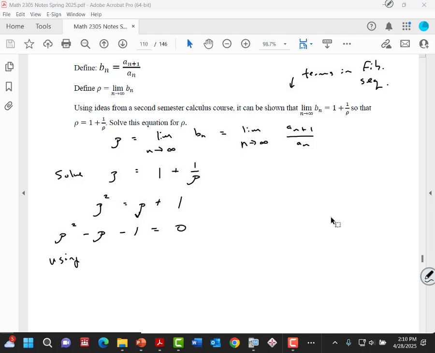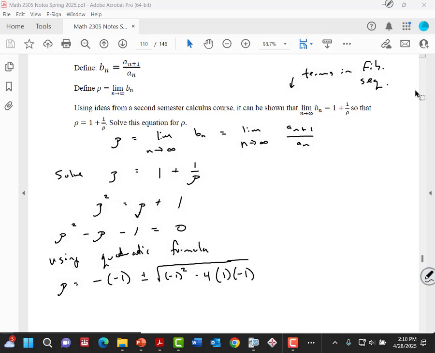And so what I can do is I can use the quadratic formula. So using quadratic formula from college algebra, I can then say that rho equals negative negative 1 plus or minus the square root of negative 1 squared minus 4 times 1 times negative 1, all over 2 times 1.